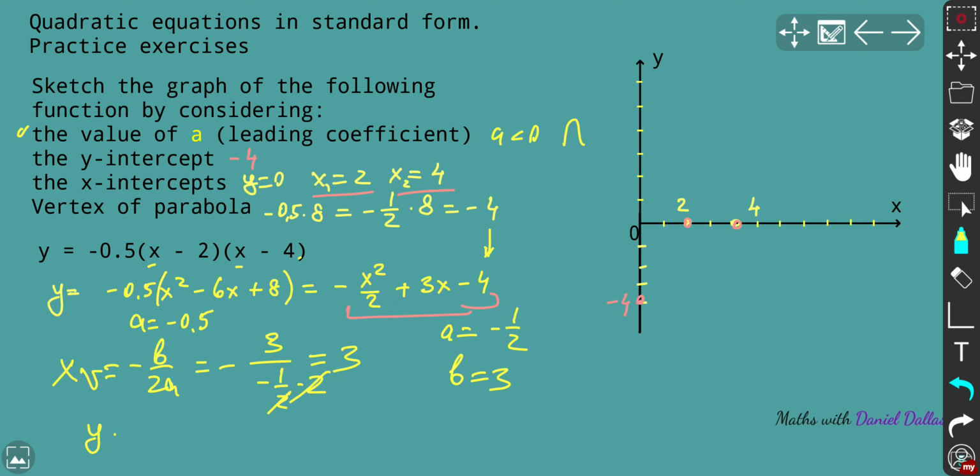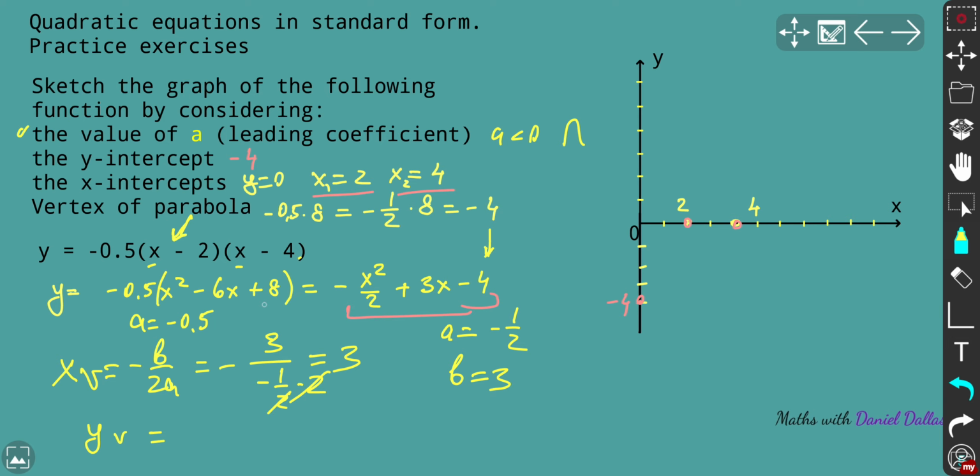Next one, the y vertex. We simply need to plug in, and I'll do it here because it's much easier in that expression, and we can use the calculator. So 0.5 times brackets, 3 minus 2 is 1, and 3 minus 4 is negative 1.